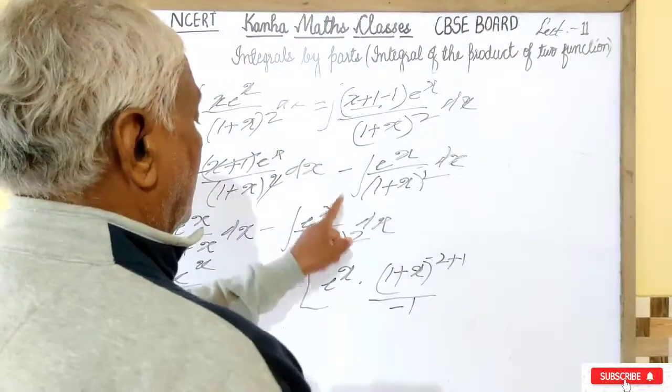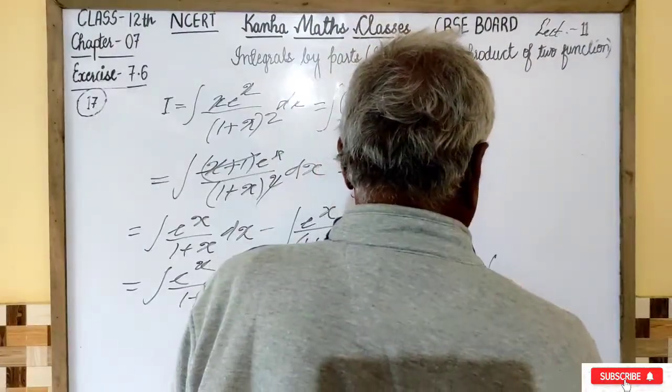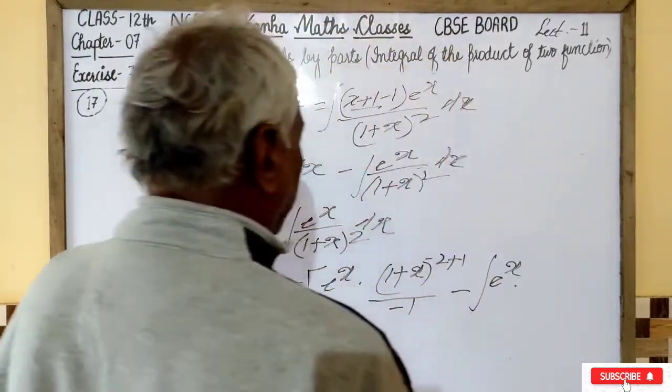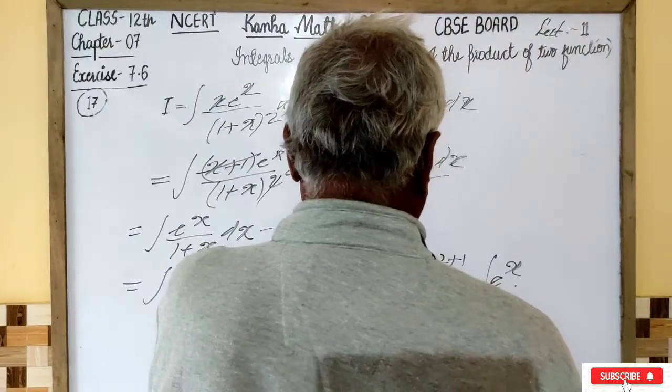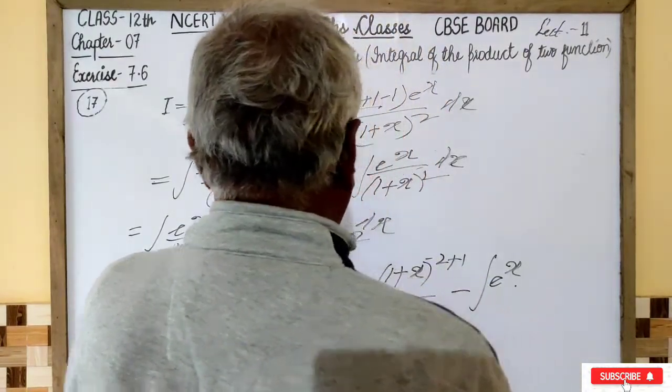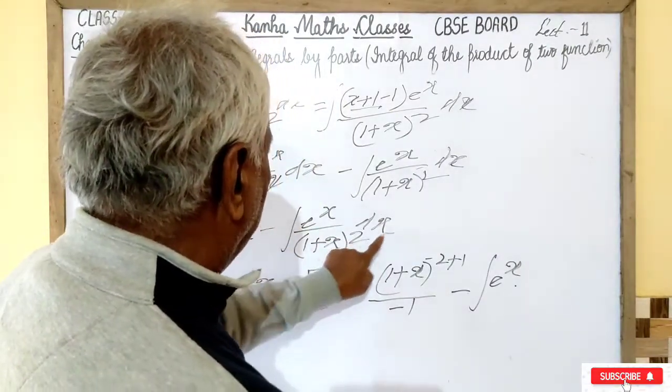First function into integral of second, minus integral of differential of first, that is e^x, into integral of this. Here we just observe e^x upon (1 plus x) whole square dx.